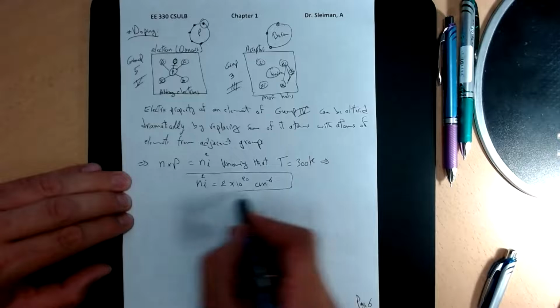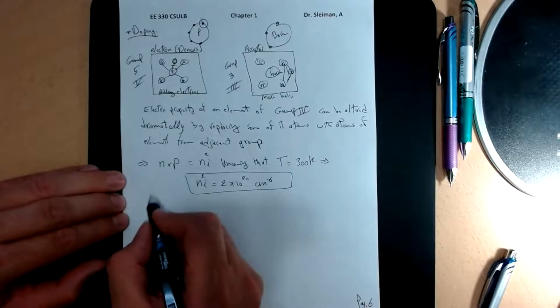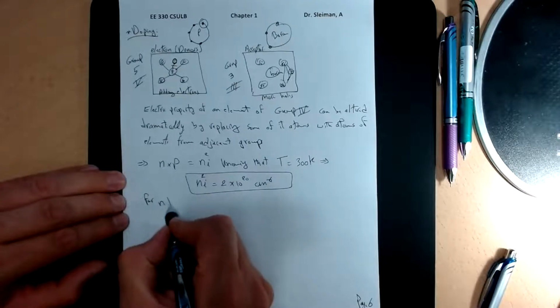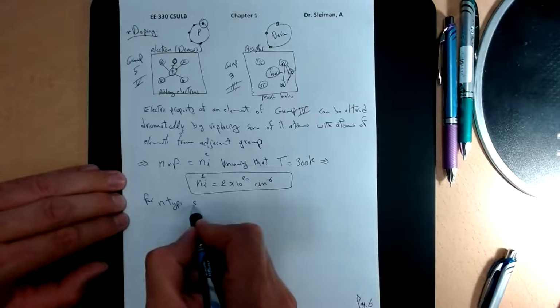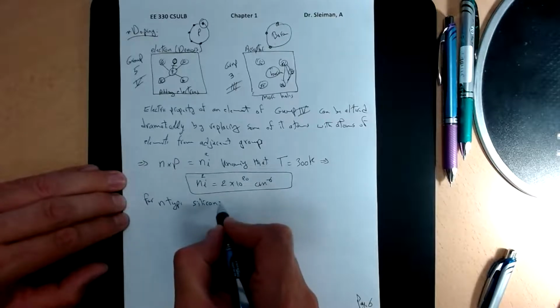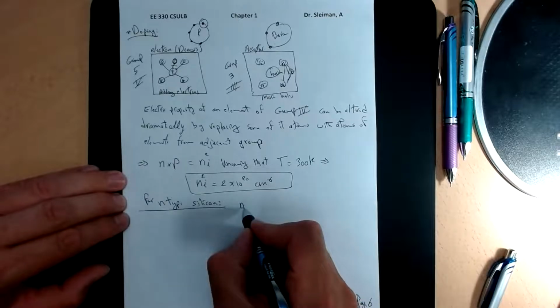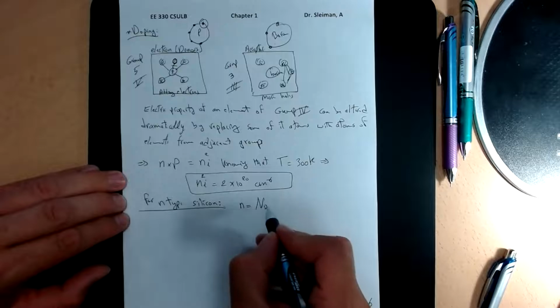So knowing that, for n-type silicon, most likely n is equal to Nd.